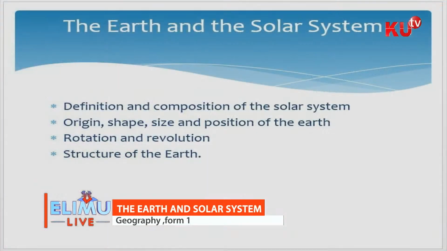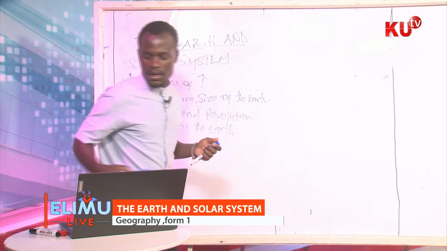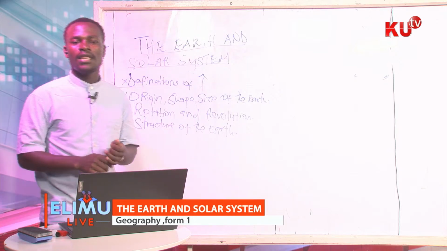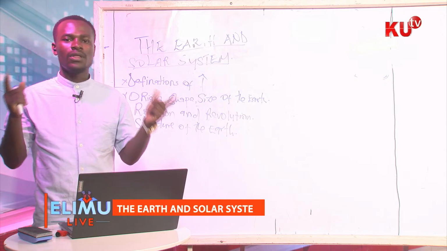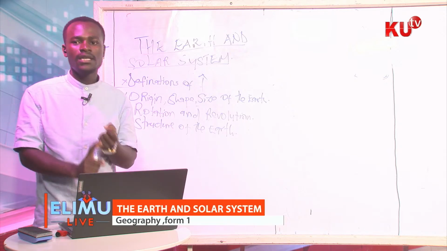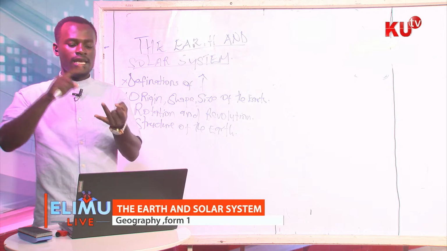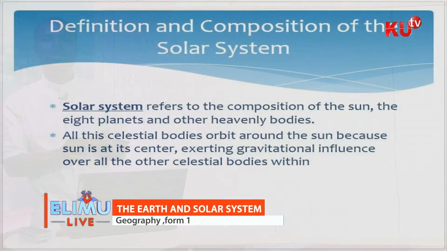Let's start by defining the term solar system, and we can say that a solar system refers to the composition of the sun, the 8 planets, and also other heavenly bodies.